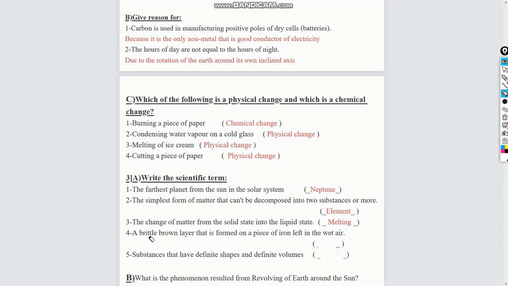Melting. A brittle brown layer that is formed on a piece of iron left in the wet air. It's rust. Substances that have definite shapes and definite volumes. Yes, you are correct. Excellent. It's solids.